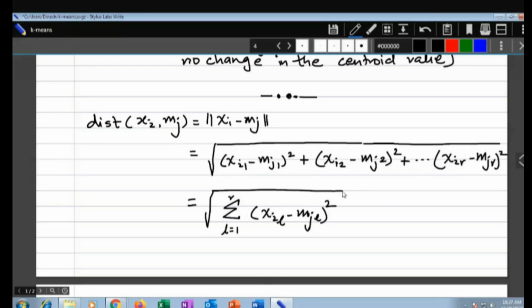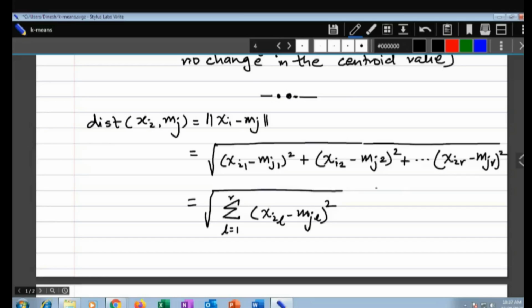So this will be like this. Even if you have only one feature, it is just the difference of that feature, squaring it and taking the square root. So this is the Euclidean distance model.